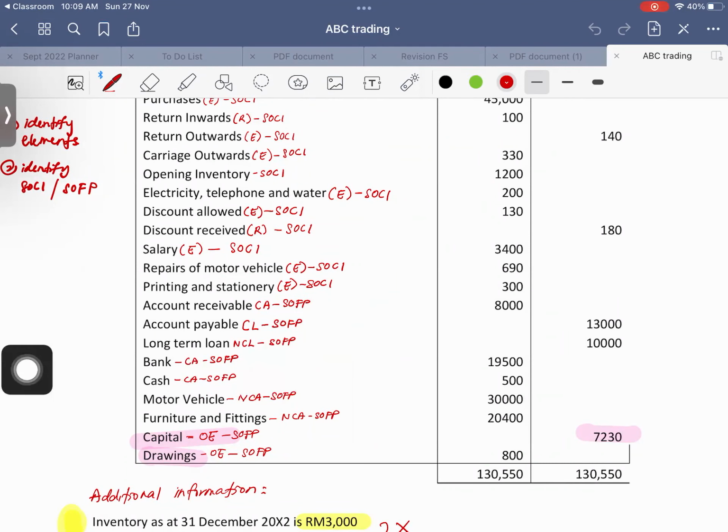They give you also your capital and also drawing value. Soalan tadi tak ada capital, tak ada drawing, sebab dia suruh you prepare SOCI je kan. SOCI kan ada only revenue and expenses. So tak ada asset ke liability ke. So soalan ni baru dia bagi.